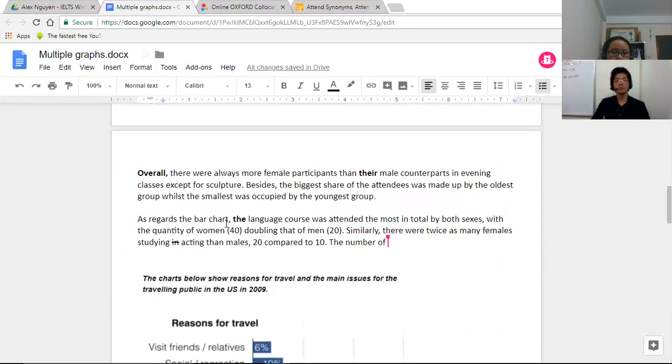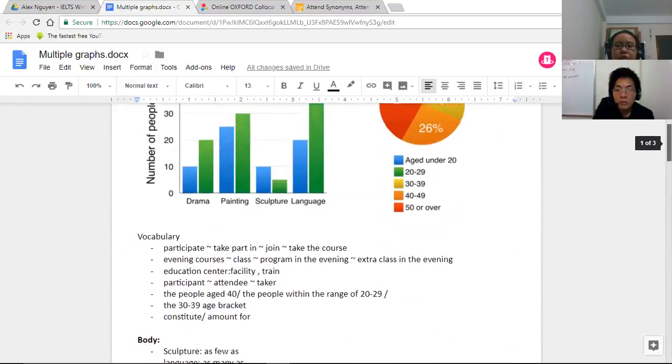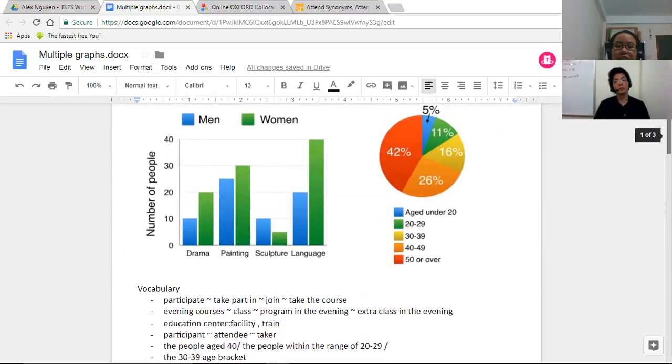As regards, similarly, if we follow this approach, we have to accept the fact that it's quite odd to add the painting here without some repetition of language. Yes.